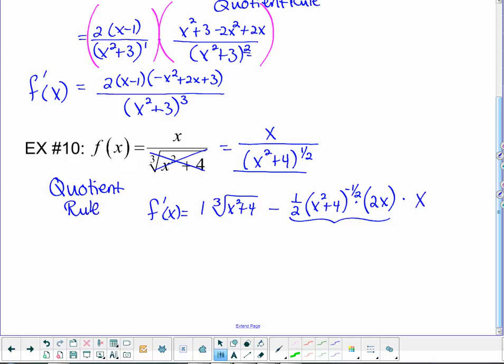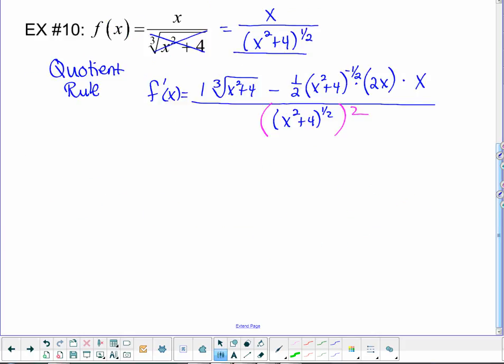So here's quotient rule in action. Derivative of the bottom multiplied by the top function. Okay, let me erase that so we can get our division sign going. Divided by the bottom squared. So I'm going to have x squared plus 4 raised to the 1/2. And this is all g of x getting squared from our quotient rule pattern.